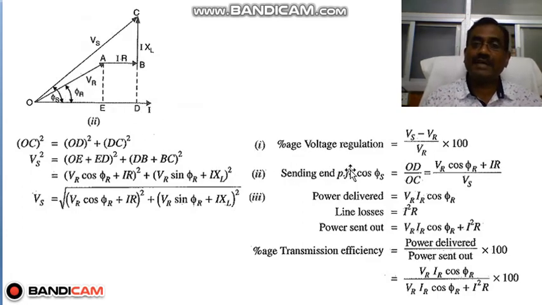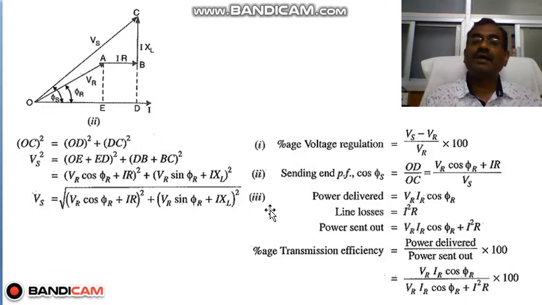So the cos phi s, the angle for this OCD. So what is the cos phi s? OD by OC. Okay. What is OD? OE plus ED. So VR cos phi r plus I into R divided by Vs.